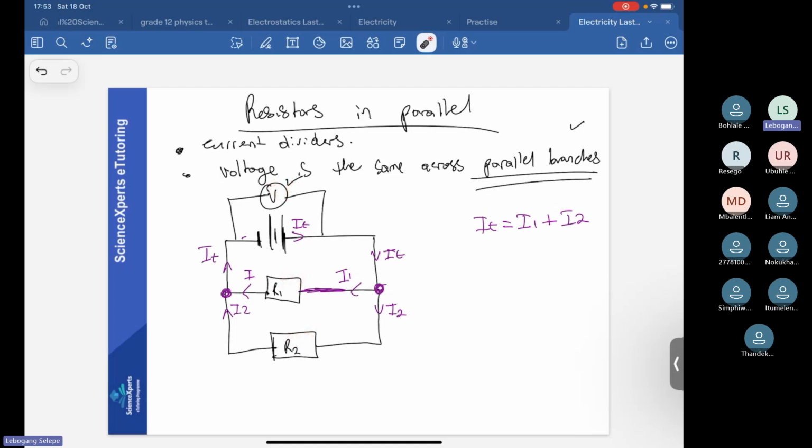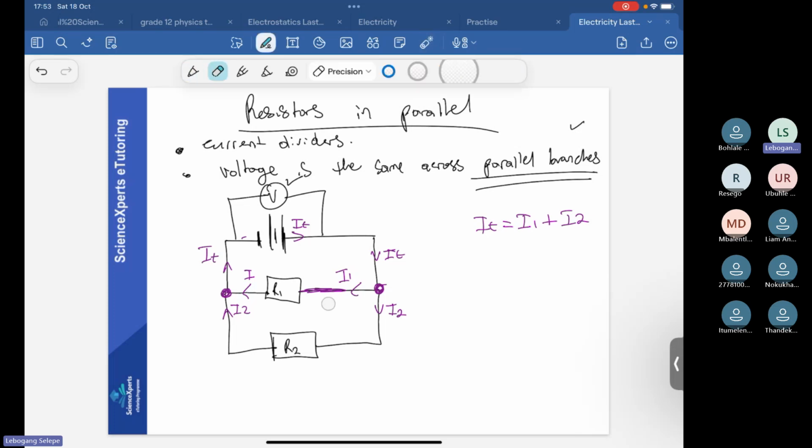That's what we mean by saying that the voltage is the same across the branches. So let's see what would happen if we add another resistor here, R3.